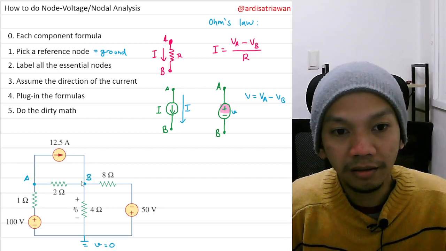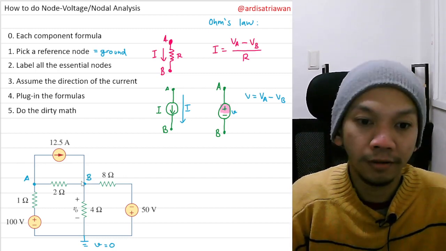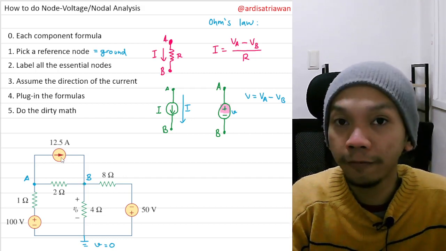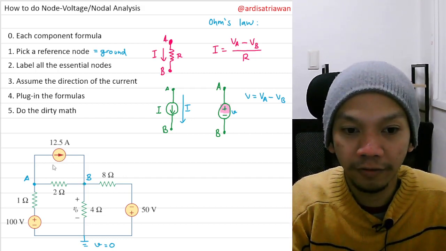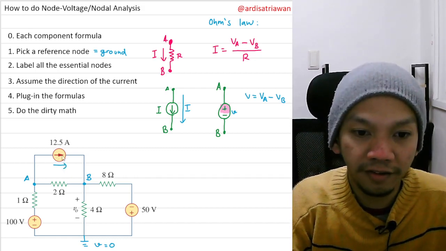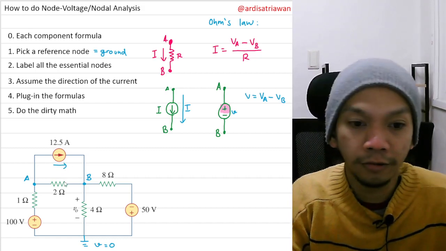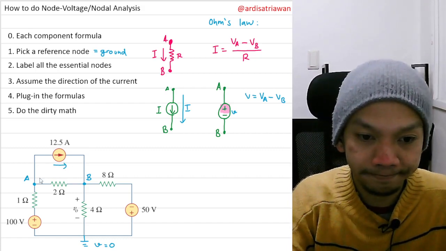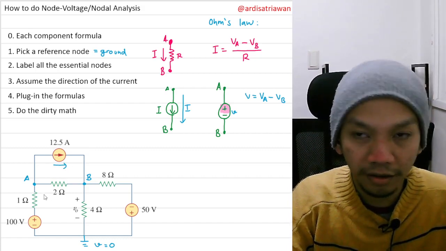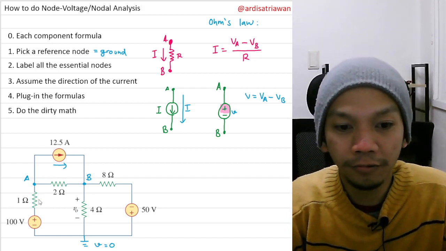And then let's assume the direction of the current. If we have a current source, just follow the direction of the arrow. Because this arrow is going to the right, I will assume this will be going to the right also. And then for a resistor, you can assume, it's up to you.